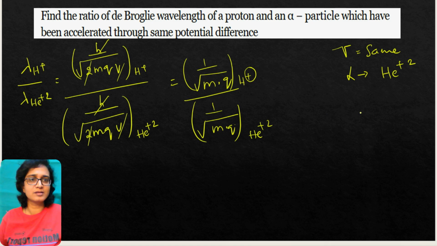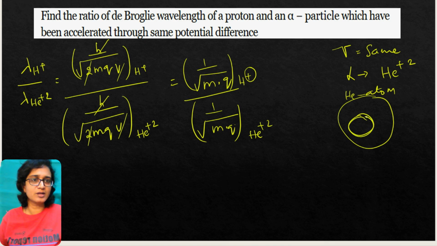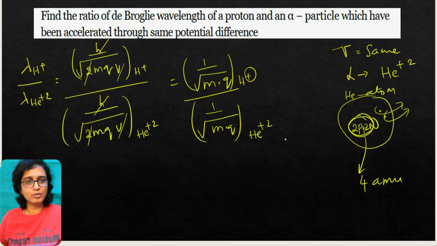The helium nucleus has two protons and two neutrons, so the mass of the helium atom is 4 atomic mass units. Even though you remove 2 electrons, there is no change in the atomic weight, so 4 atomic mass units.